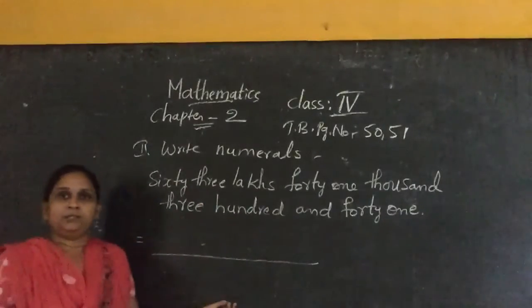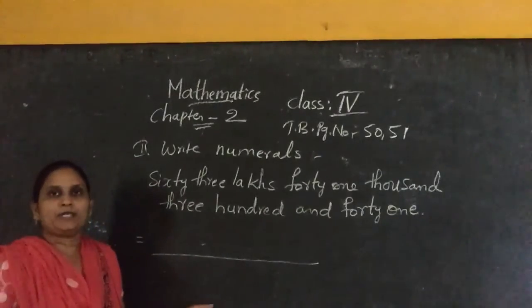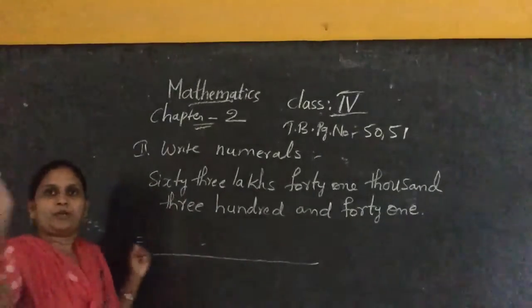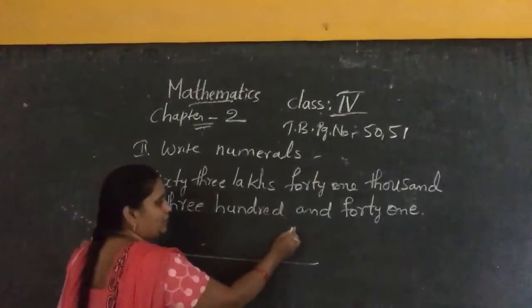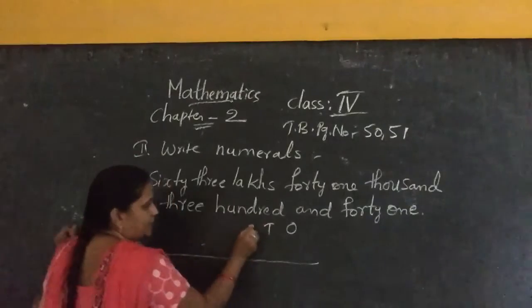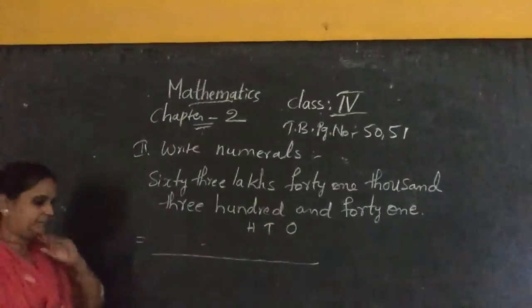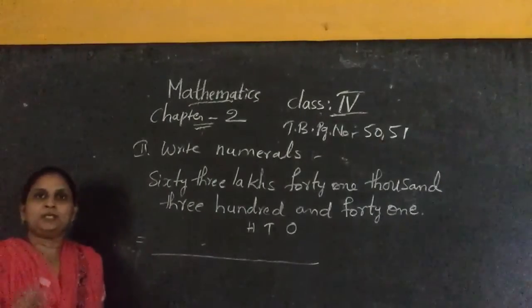For that you must be aware of our Indian place value system. From your right-hand side, the first place value is ones, then tens, next hundreds, then thousands.